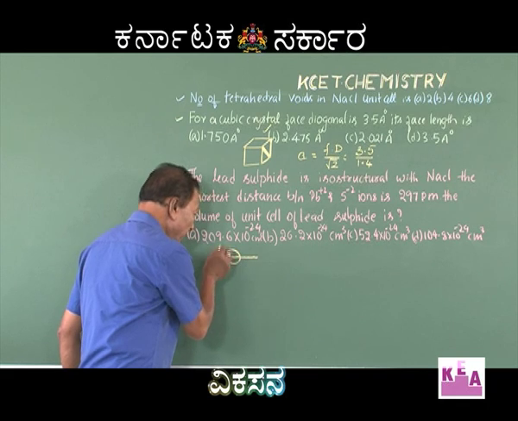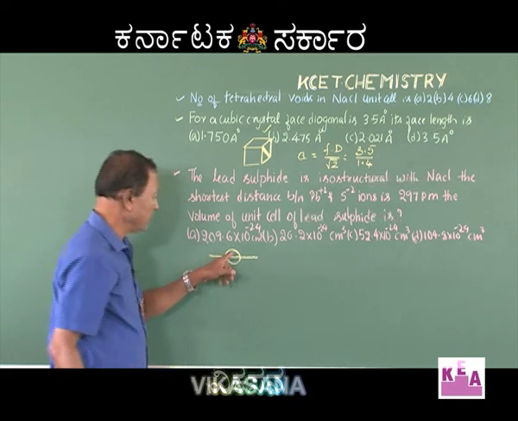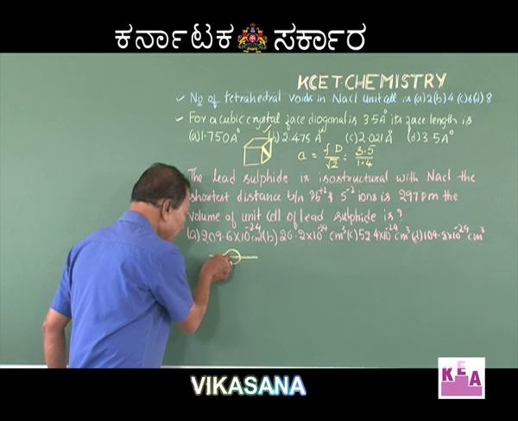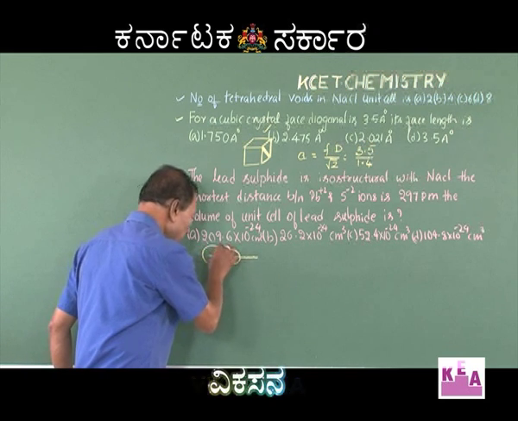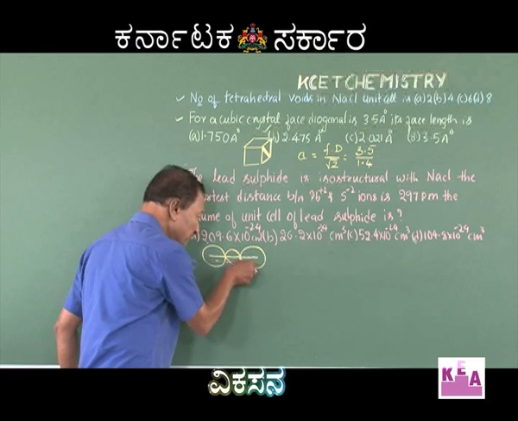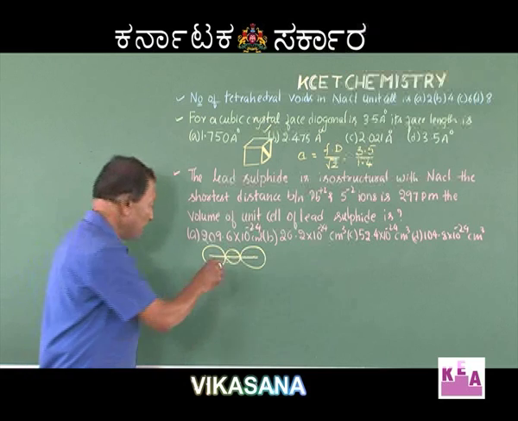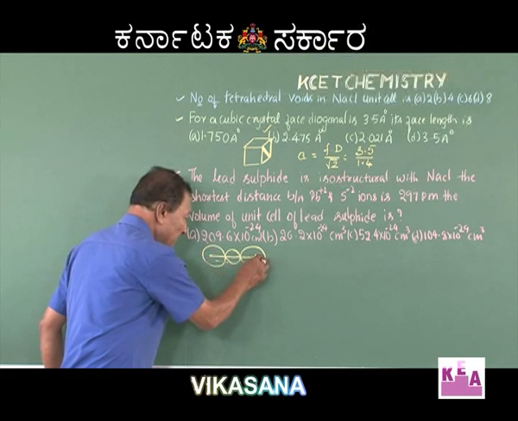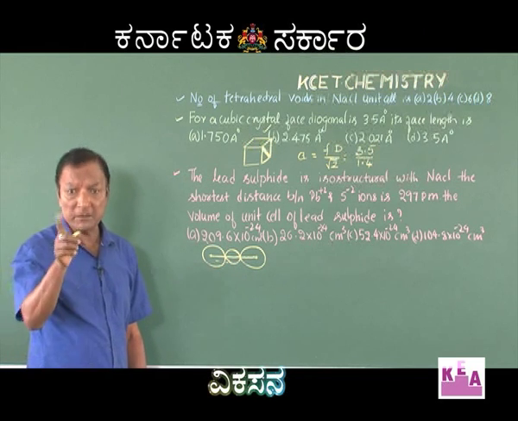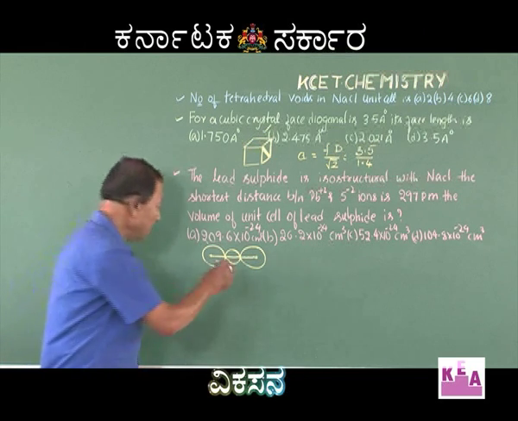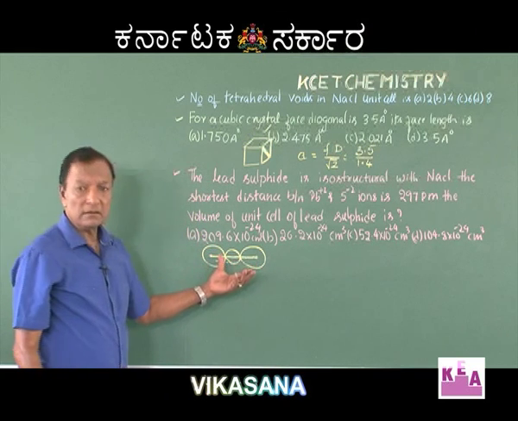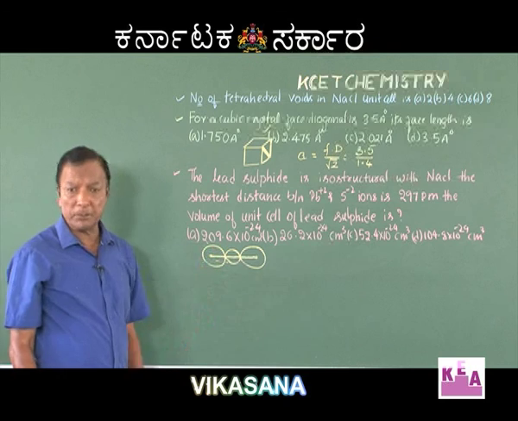At the center, we have the smaller positive ion Na plus, and on either side the larger Cl minus, and the center of the extreme Cl minus spheres becomes an edge. So if this is the edge for NaCl, the same will be the edge for PbS also.